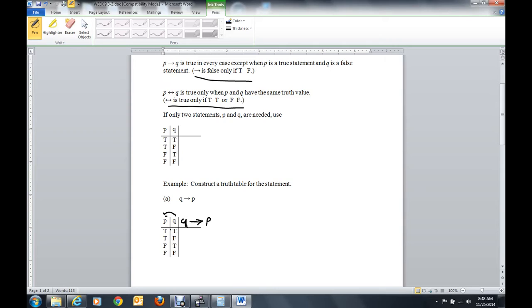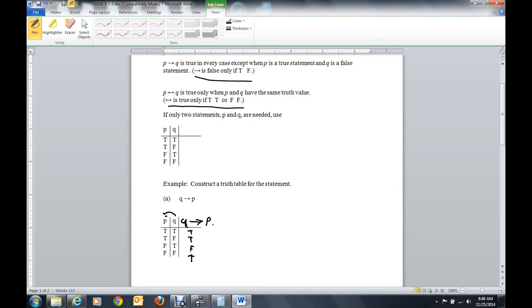Since this is true to true, that's a true statement. Since that's false to true, that's a true statement. But notice here, this goes from true to false. Remember to go in this direction, right to left. True to false, and that's the only time an if-then statement is false. And false to false is true.